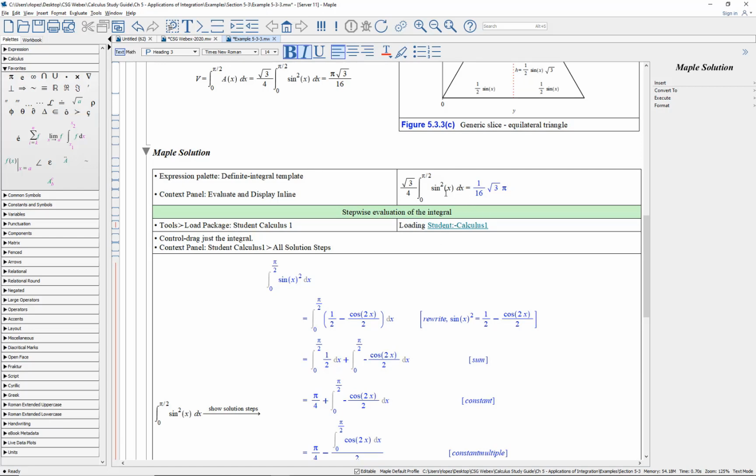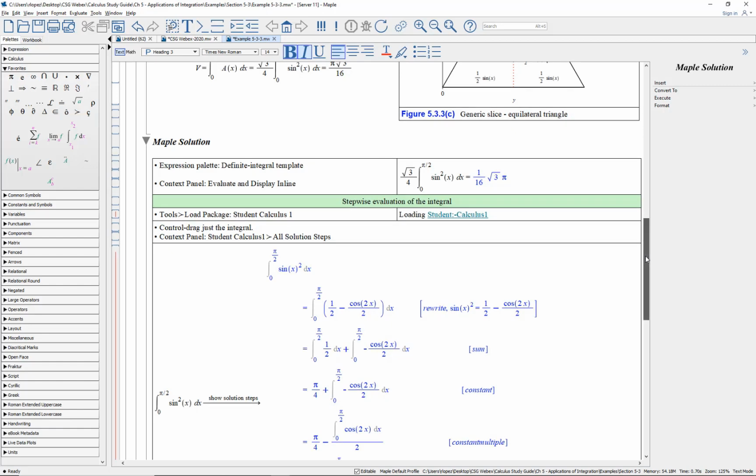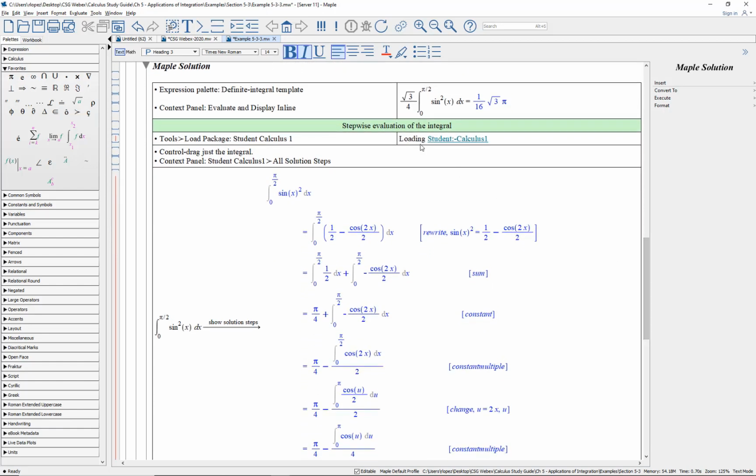However, you're integrating sine squared, which is one of the integrals that students are asked to master. You have to use a trig formula to replace sine squared. So we've shown how one can obtain stepwise solutions for differentiation problems, and the same thing applies here to integration problems.